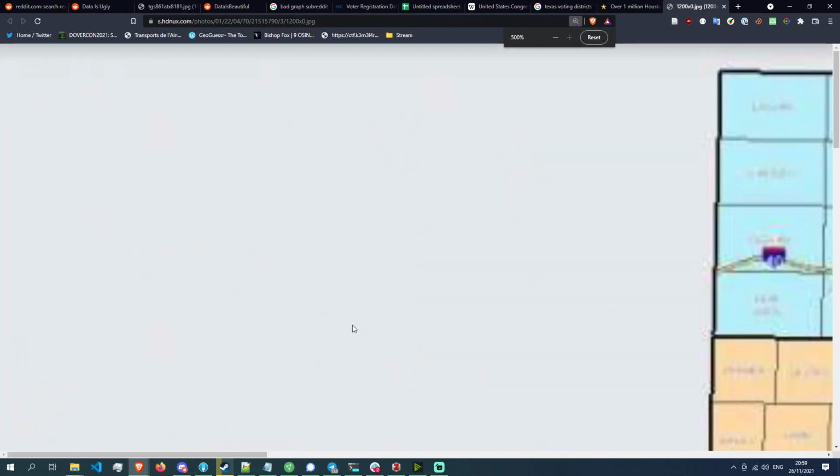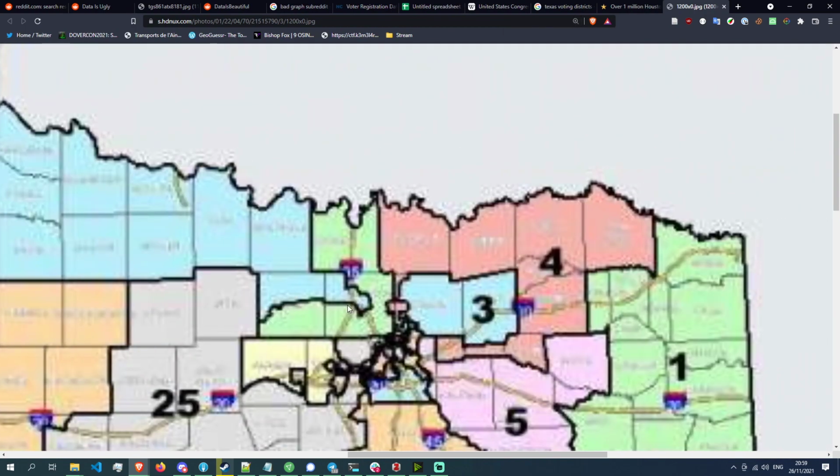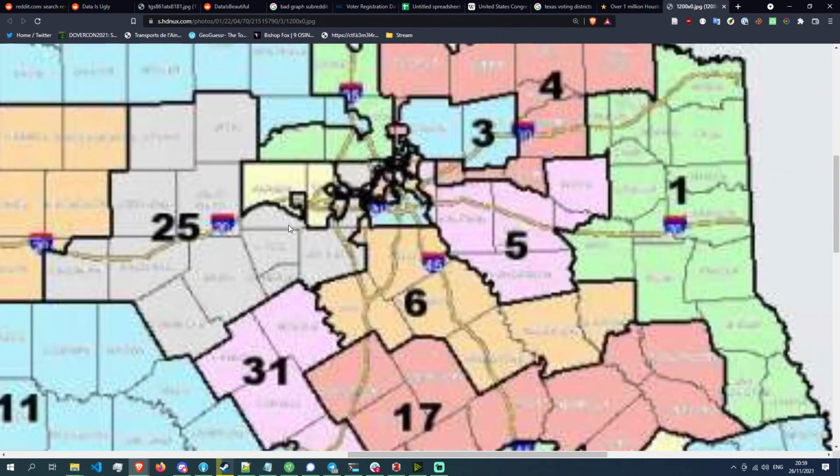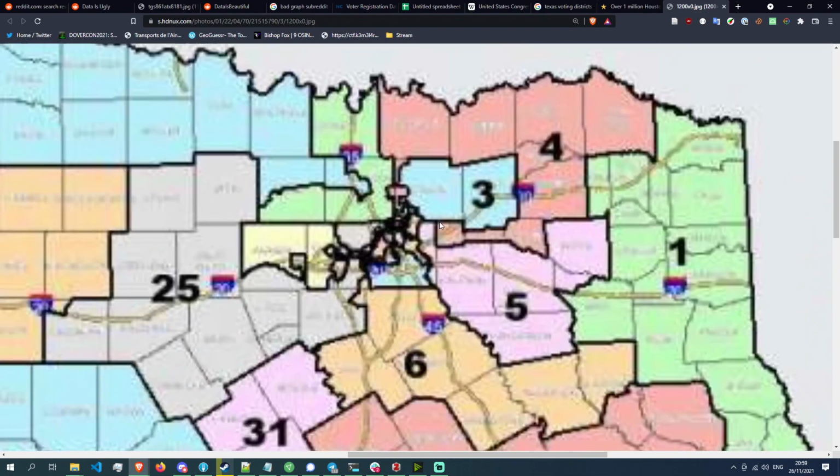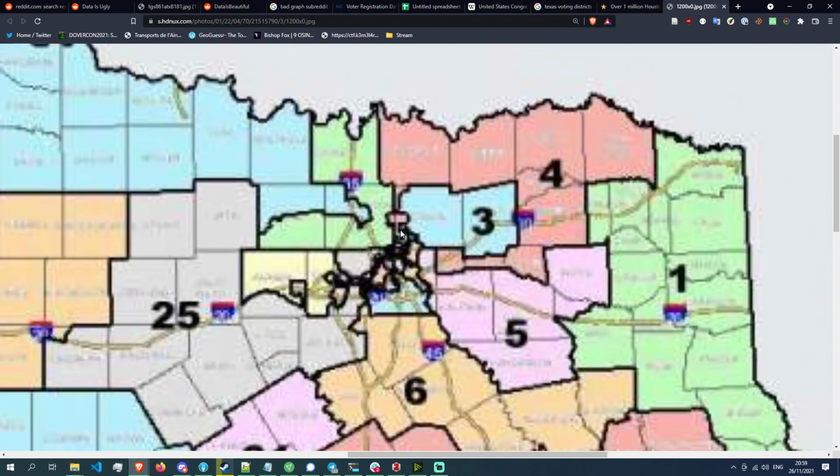Let's look at this. This map is in horrible resolution, but look at this shape. Oh yeah, it seems normal, like a square. Then it kind of goes here, and then goes over there, and then comes back, and there. This is another district. This is a major district, goes down here, comes back around, comes back here, comes all around, comes back here, and then goes to the state border.